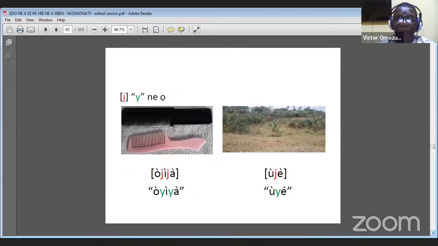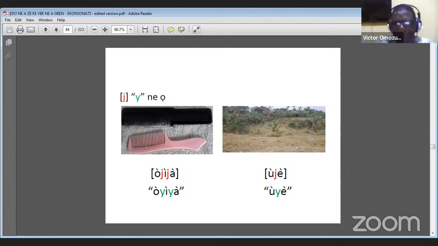So that's Isawewe. Then the Yi in Oyiya. Oyiya. That's comb there, as you can see. There, Uye. You see the picture there of Uye. That is a big dog hole, something like that.